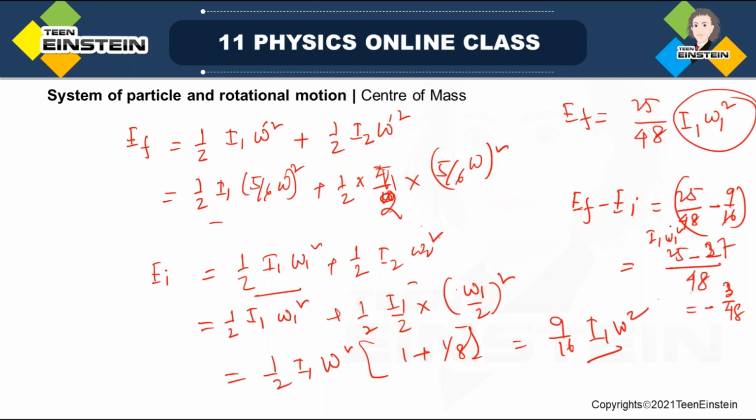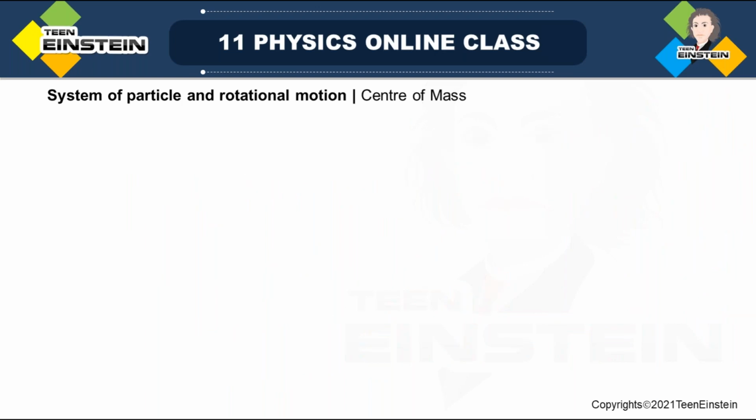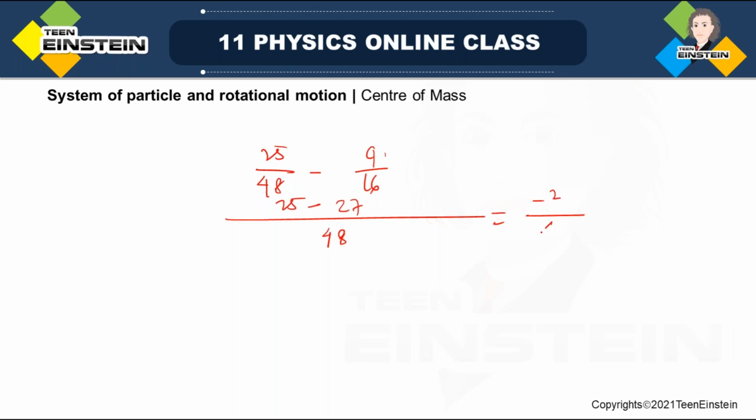Let me just go to the next page and do the calculation part there, then it will be easier to solve. 9 by 16, 25. So this will be minus 2 by 48.